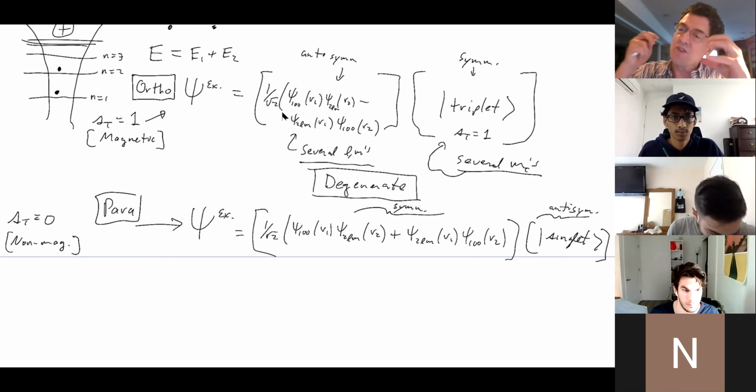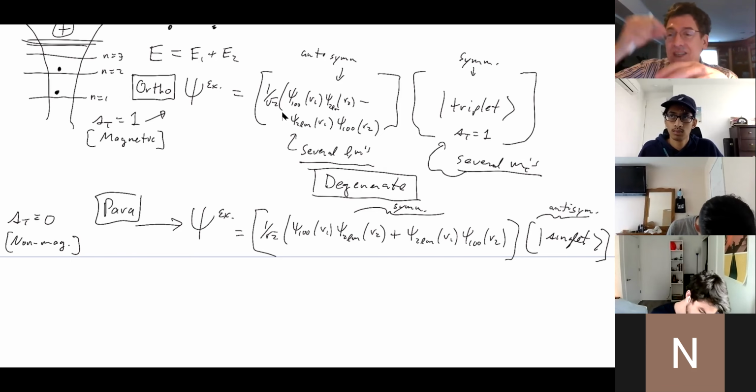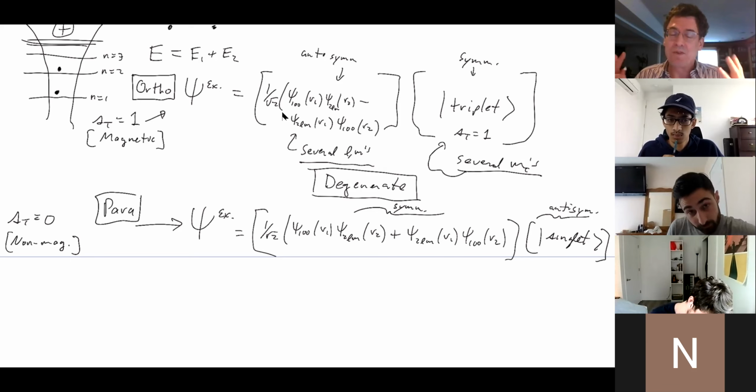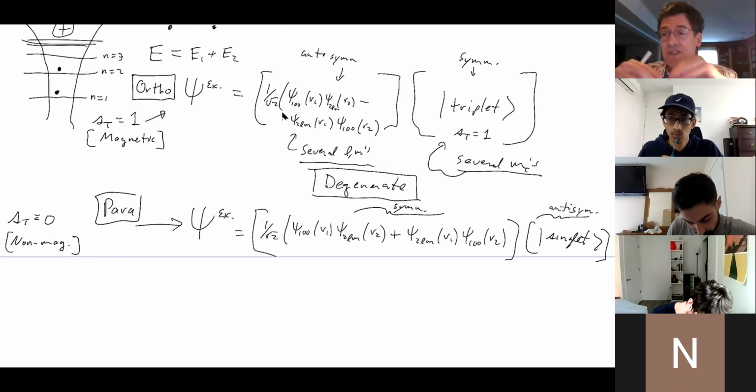So what that means is that if you take helium and you excite it, then sometimes it might be in a magnetic state, but other times it will be in a non-magnetic state. And you really could separate it, because people do this. I know people who do this for a living. You can take helium and shine light on it to excite it.